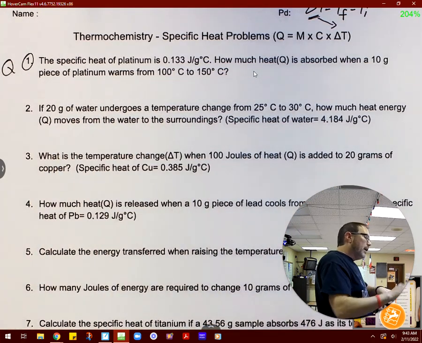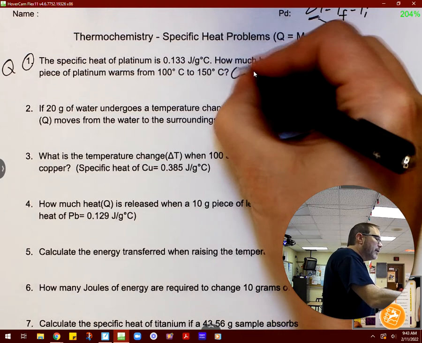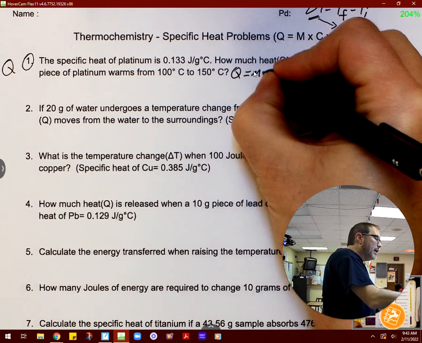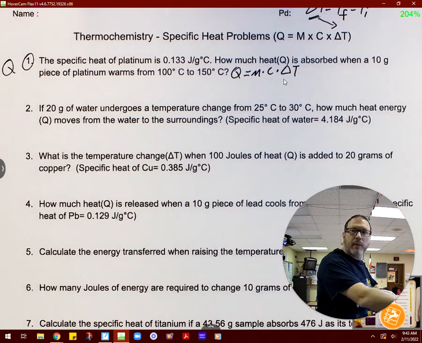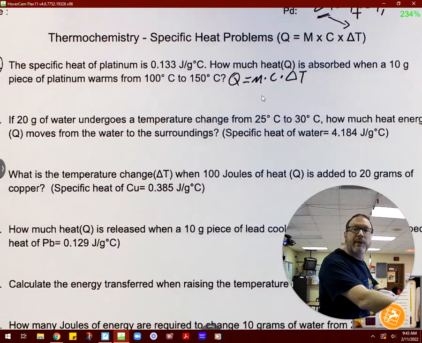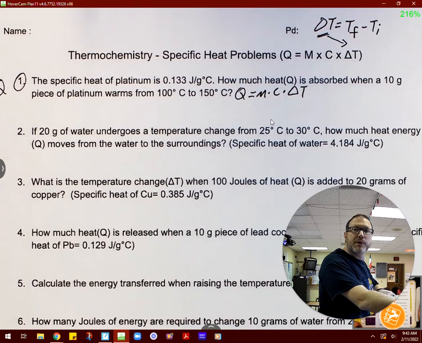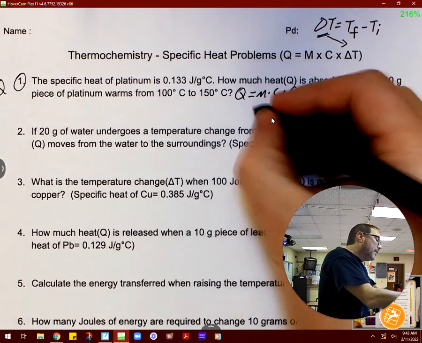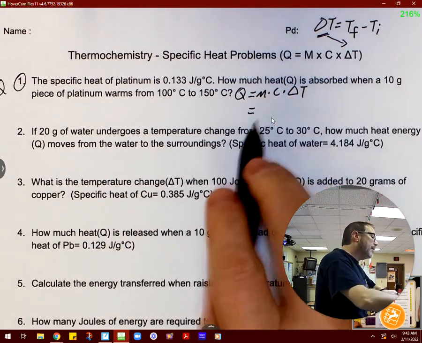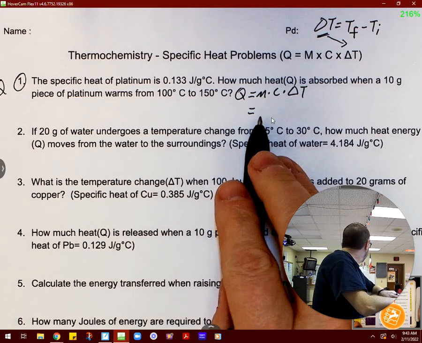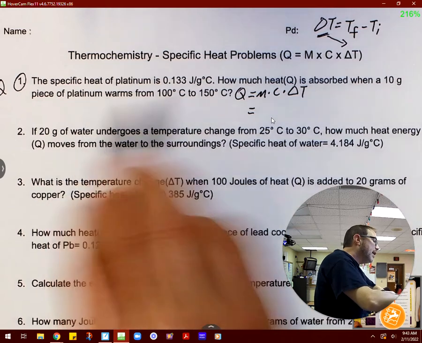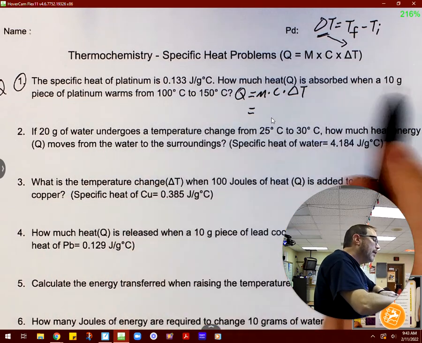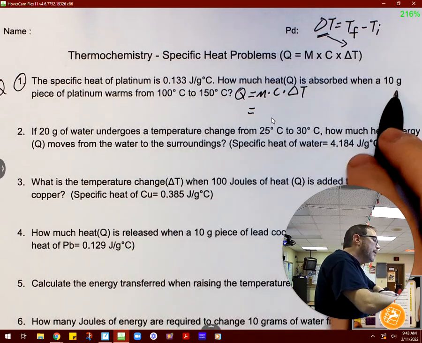Okay, so I'm going to rewrite my entire formula. Q equals M times C times delta T. Always start with your same basic formula, and then start plugging in numbers. So since I'm solving for Q, what's my mass? That is not mass. Okay. That there is grams, right?